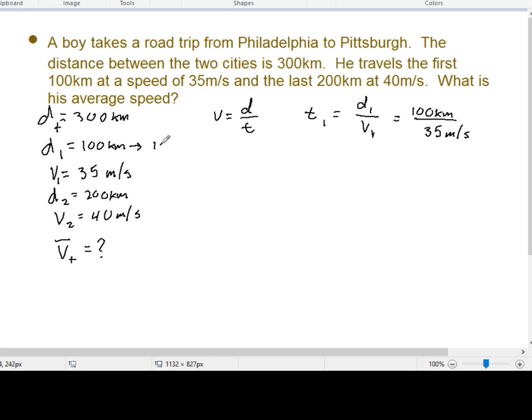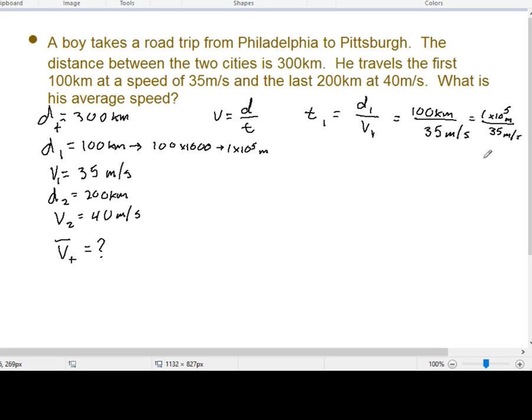So 100 times 1,000, or 1 times 10 to the 5th meters. So over here I can say 1 times 10 to the 5th meters divided by 35 meters per second.